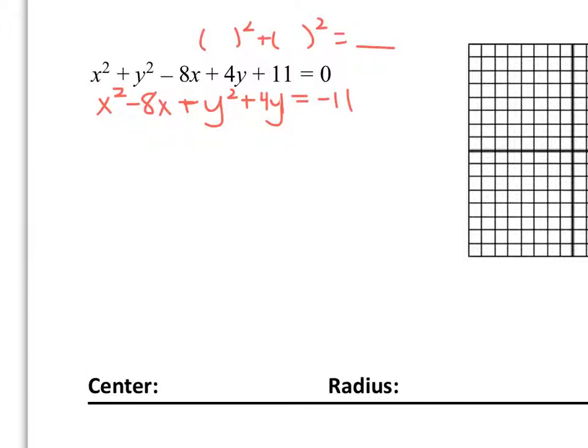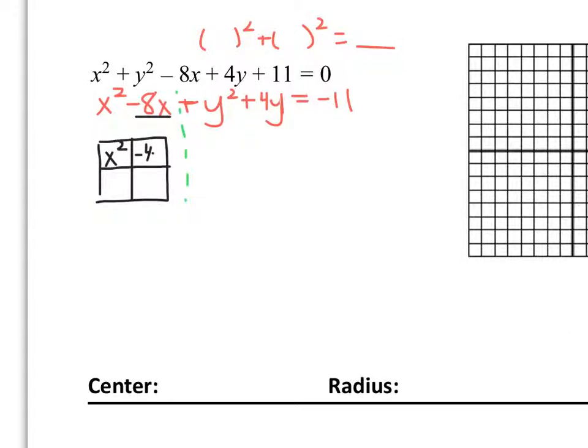Now what I'm going to do is think of this as two different problems. We're going to complete the square with what I have for x's and complete the square with what I have for y's. So first term, first box, and when we complete the square, we're splitting our linear term, which is the one with x, in half.